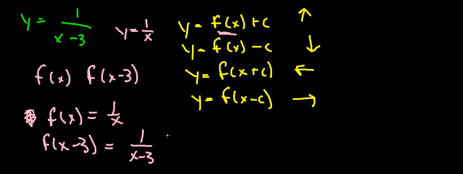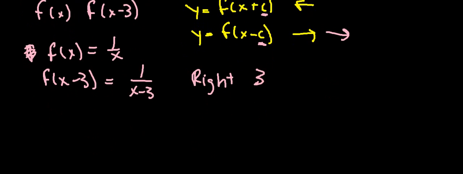That's the approach to thinking about these, if you want to try to understand them. We can see that we're replacing x with x minus some constant. So that means we're going to have a shift to the right by c units. All of these are by c units. So we're shifting to the right by 3 units. So we're going right 3.